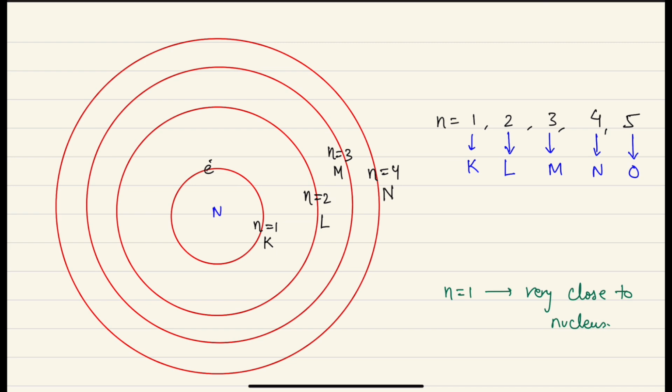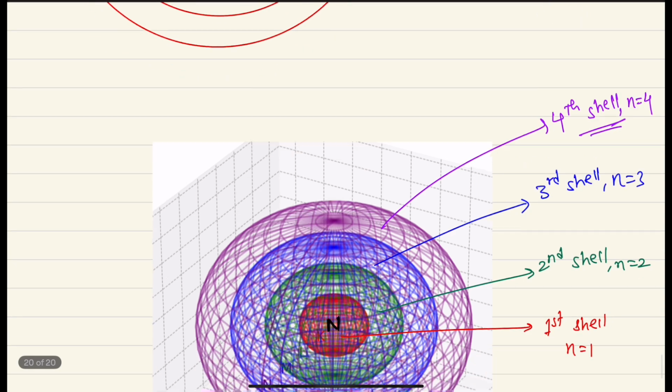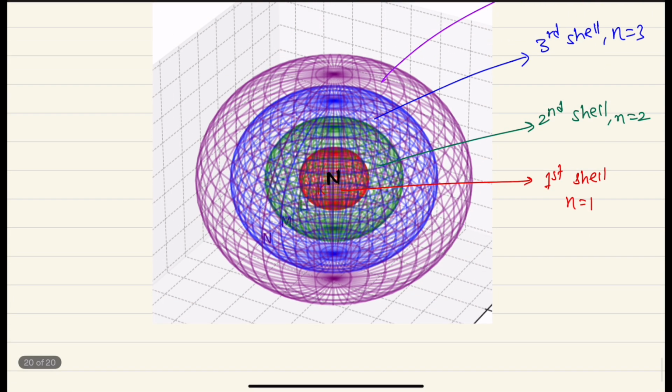So all the atomic orbitals are grouped into different cells at different distances from the nucleus, and each cell we denote by the principal quantum number. In the next lecture we will talk about the azimuthal quantum number.